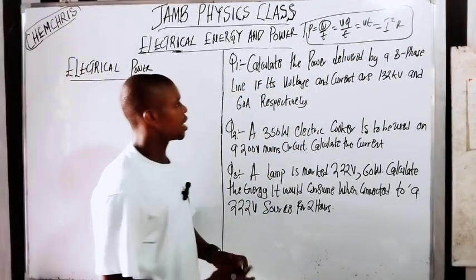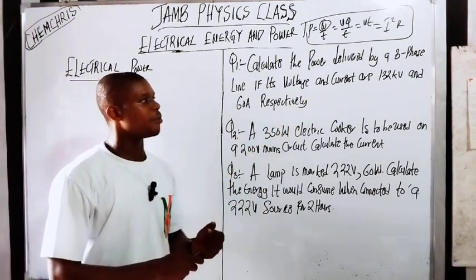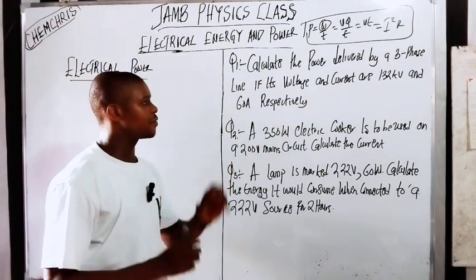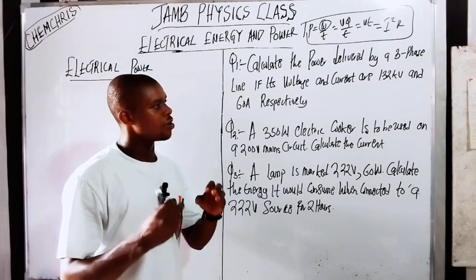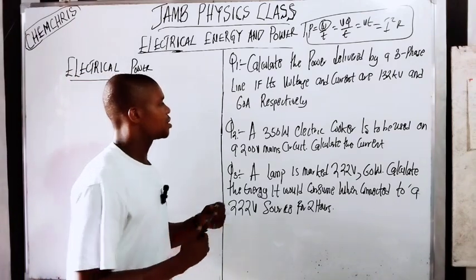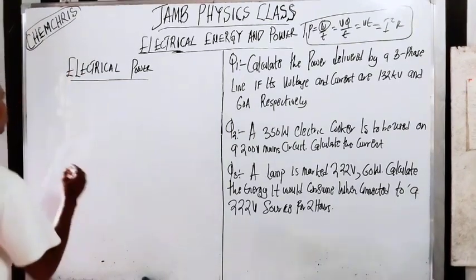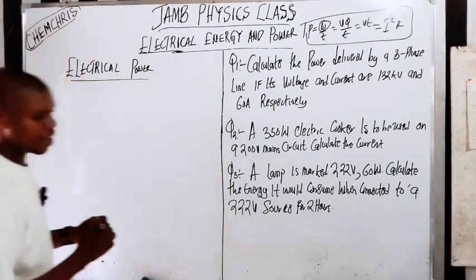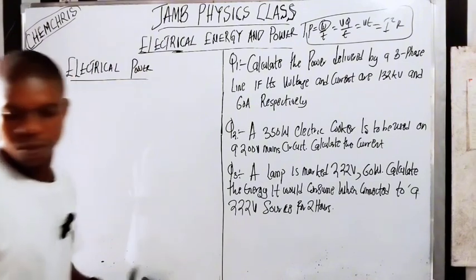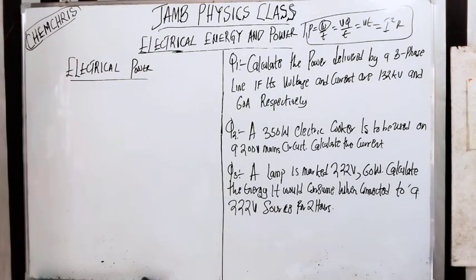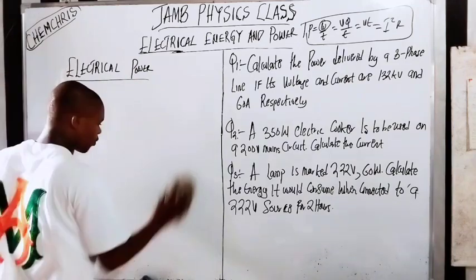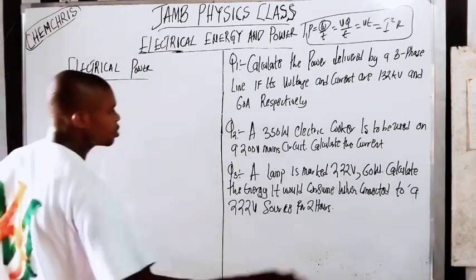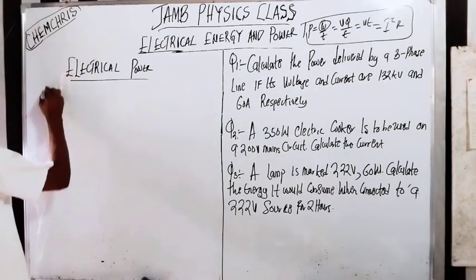So this question is here. Calculate the power delivered by a three-phase line if the voltage and the current are 132 kV and 60 amperes. So here we are being asked to calculate power. Let's solve question one.